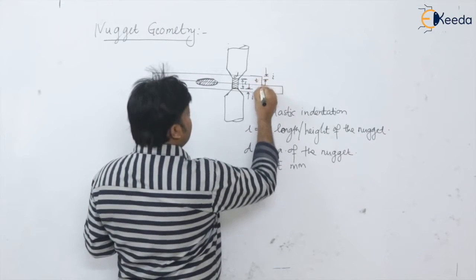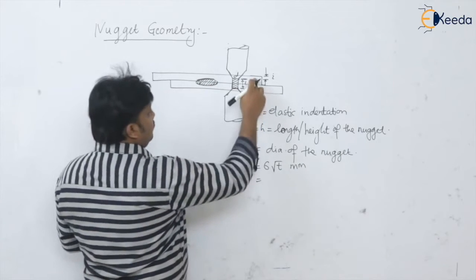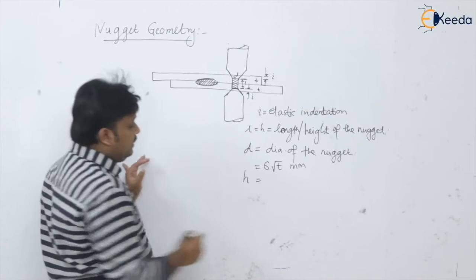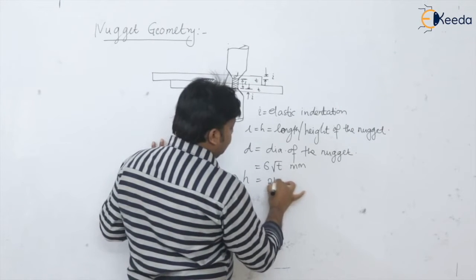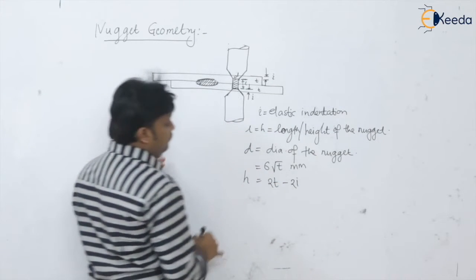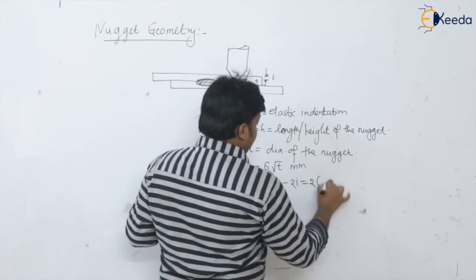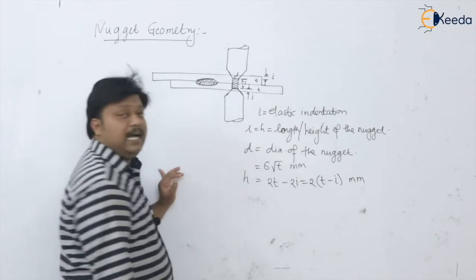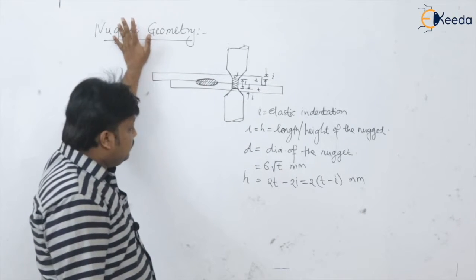This is thickness T and this is thickness T. If you subtract the indentation from both sides of the 2T, you get the height, that is 2T minus 2I, which is 2 times (T minus I) millimeter. That is the height of the nugget.